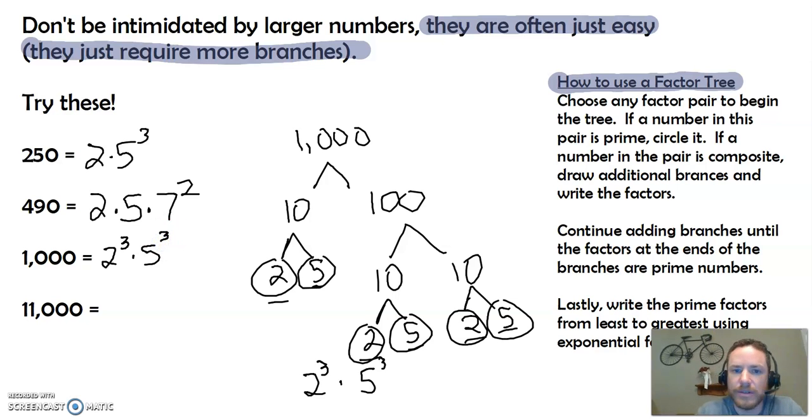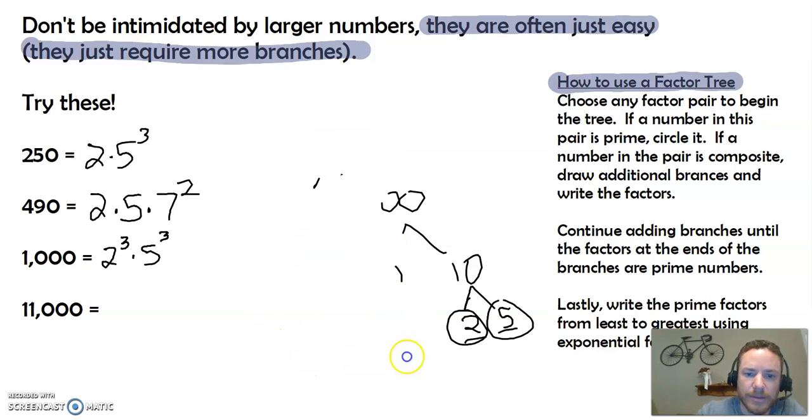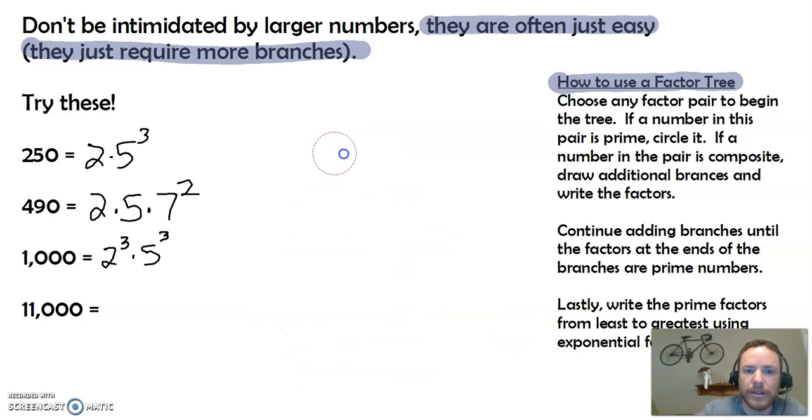Let's do one more. Let's do 11,000. And there's something kind of interesting about 11,000 compared to 1,000. You'll see it in a minute. So 11,000. Oops, I wrote 11,100, and it's not. It's 11,000. So some kids might not know where to start here.